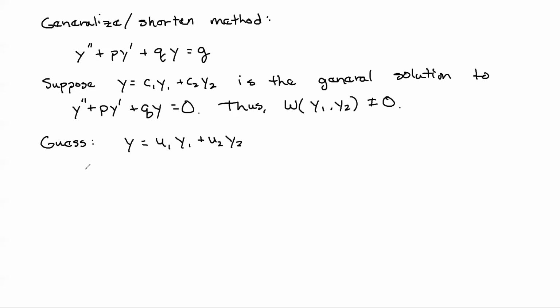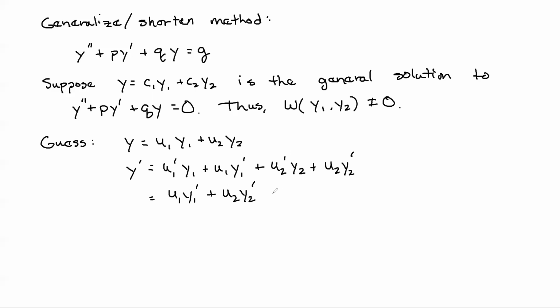Once we do our guess, the next thing we do is differentiate it, and we get u1 prime y1 plus u1 y1 prime plus u2 prime y2 plus u2 y2 prime. And then this is the point where we reorder this. This is u1 y1 prime plus u2 y2 prime, and then plus u1 prime y1 plus u2 prime y2.